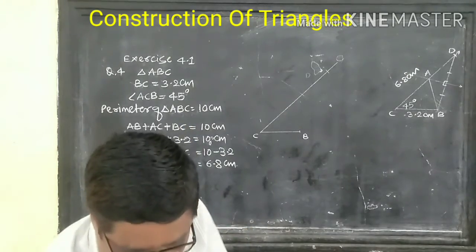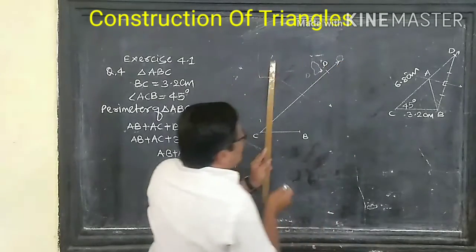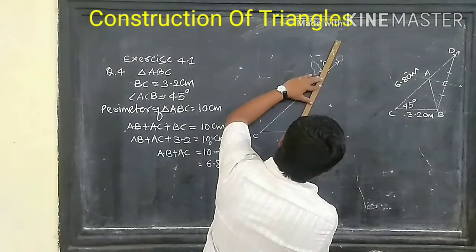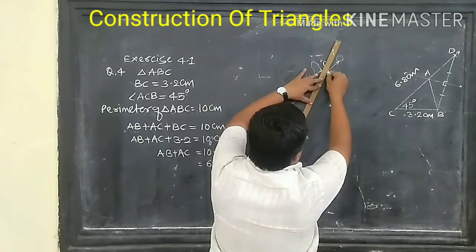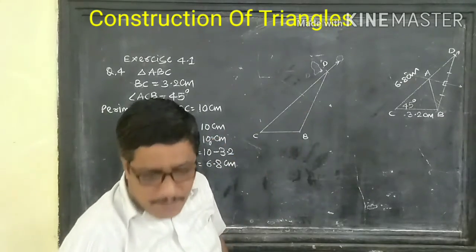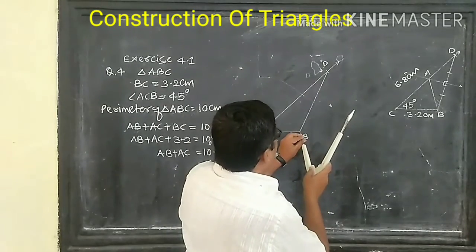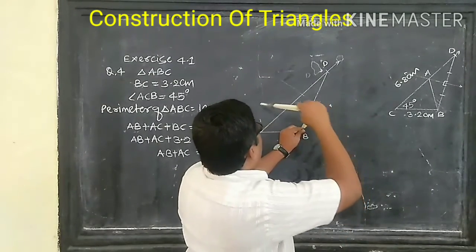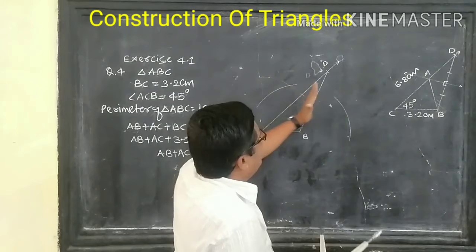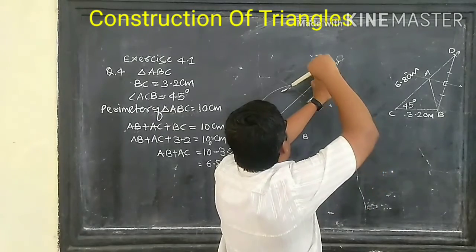After drawing this arc, we have to join that point D with point B. And then we have to draw the perpendicular bisector of segment BD. So for that we have to take more than half distance and draw the arc on both sides of segment BD. And the second arc we have to draw just to intersect the first arc.